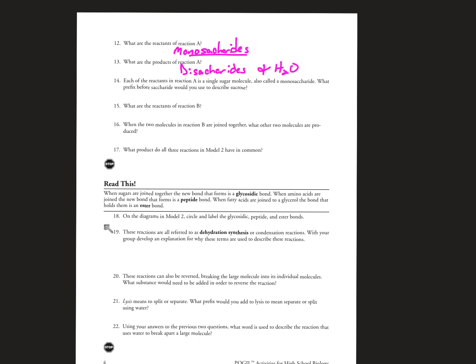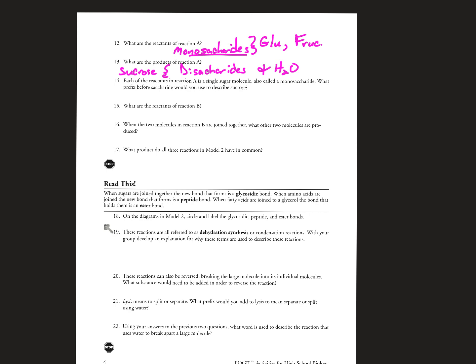Each of the reactants in A is a single sugar molecule, also called a monosaccharide. Maybe they wanted specifics, so you could say glucose and fructose, and then here you could say sucrose, which is a disaccharide, and glucose and fructose, which are monosaccharides, right?